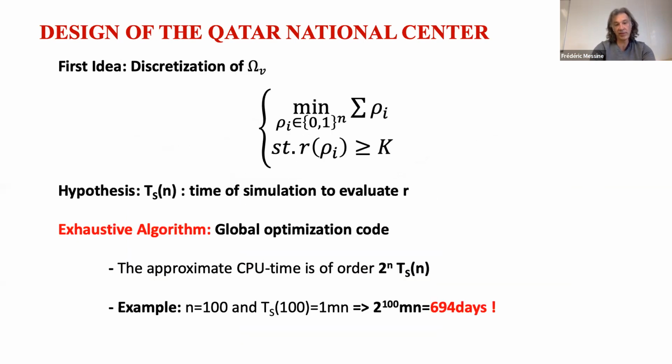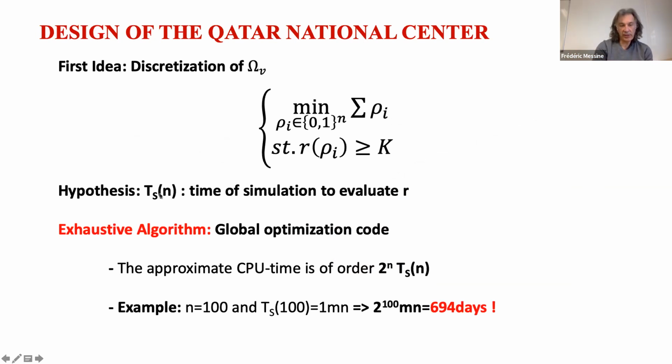The problem is quite simple, that's 0, 1, you can make those kinds of combinations. The name is an exhaustive algorithm. You test all the cases, and of course, for all the cases, you test if the constraint is satisfied. If the constraint is satisfied, you keep this solution and you will keep the best one.